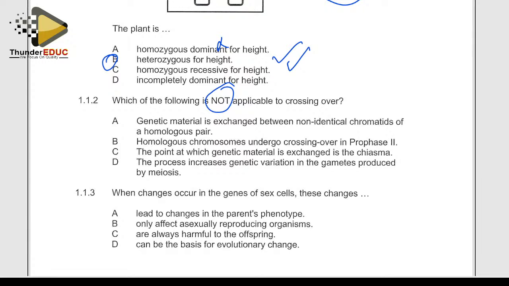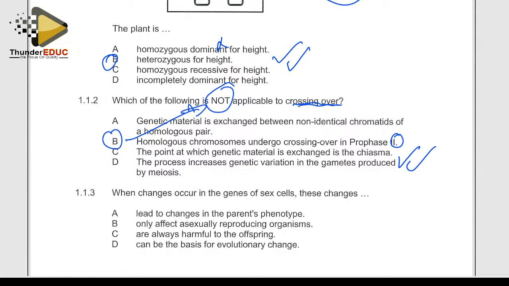Homologous chromosomes undergo crossing over in prophase 2. We don't have homologous chromosomes in prophase 2, and crossing over doesn't take place in prophase 2. Therefore, B becomes the most correct answer, because the key point was saying which is not.